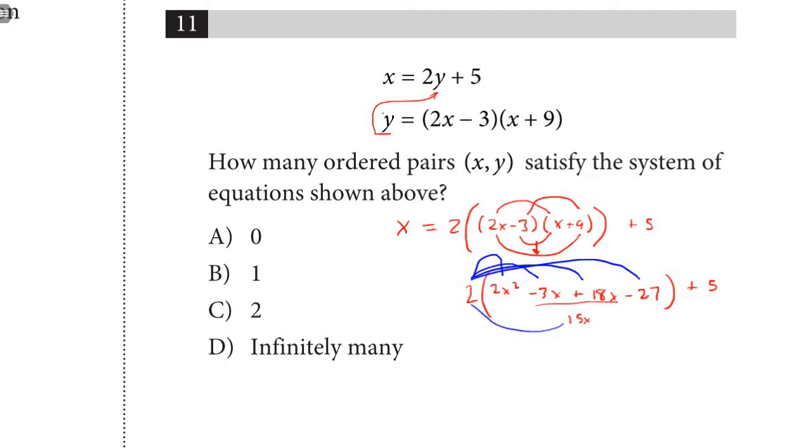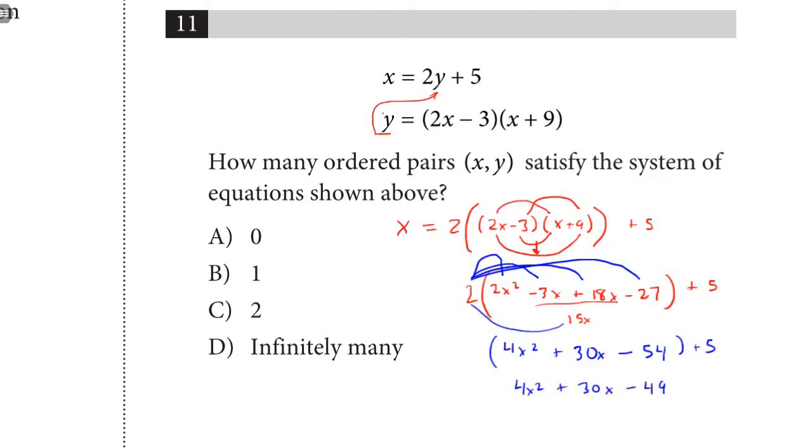So what that's going to give us is 4x squared plus 30x, because we're multiplying by the 15. Then minus 2 times negative 27, which is going to be negative 54. Okay, all of that plus 5. And if we add the negative 54 plus the 5, we will get 4x squared plus 30x minus 49.